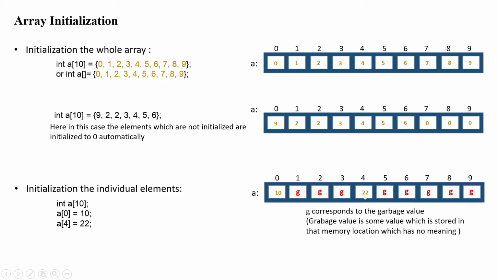Now, what this G means is that if you're not initializing the array elements, it contains some garbage value. What are garbage values? Garbage value is some value stored in that memory location which has no meaning to you. It can be any value.